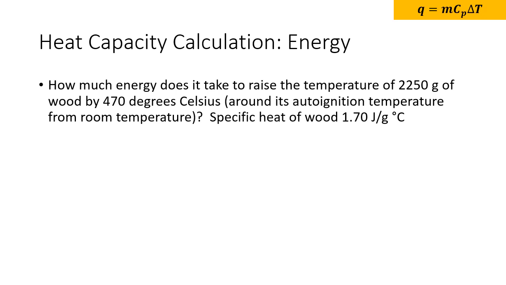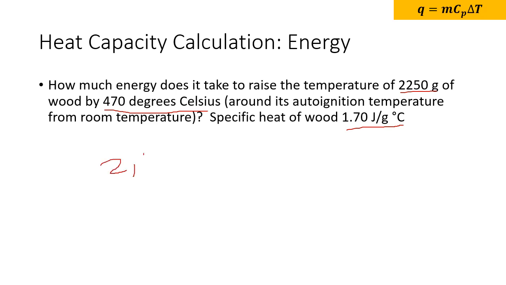All right, so we have a temperature. Actually, we're going to raise the temperature by 470 degrees. So this is actually a delta T. We have a mass of stuff, and we have a heat capacity. So we're going to go ahead and just plug and chug.